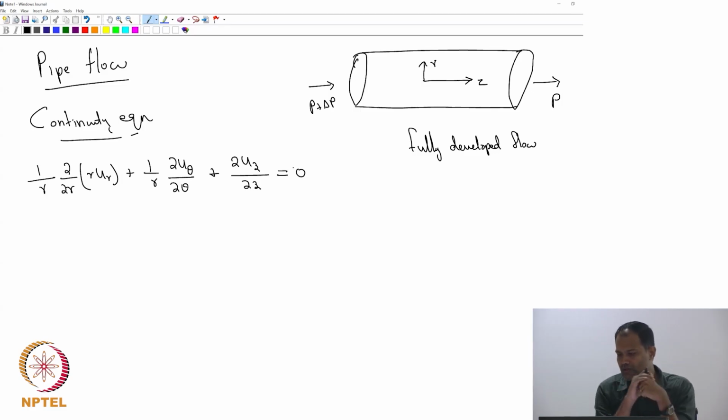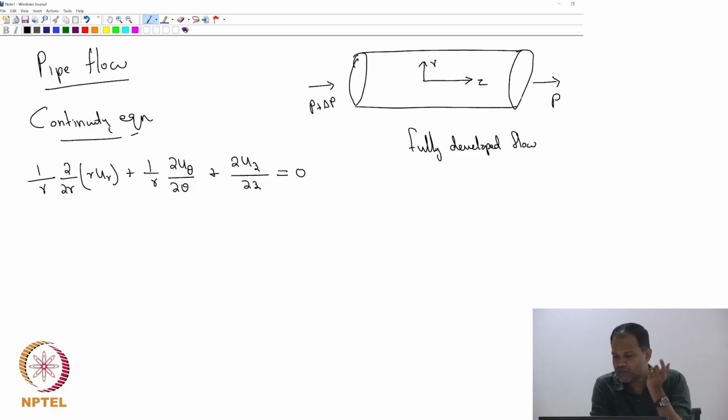So we have fluid which is going from one side of the pipe to the other. The component of velocity that we are interested in is u z. We really want to know what is u z, and if you remember what we did in the 2D channel, what was the component of velocity that we had? We had a component which is parallel to the channel axis. We did not have a component that is perpendicular to it.